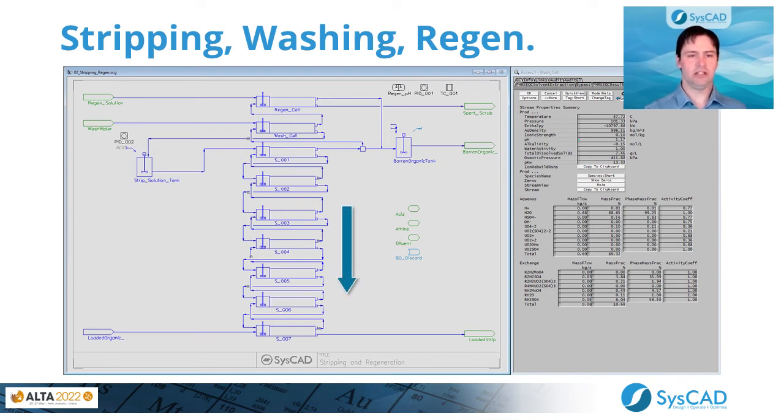It is a mixture essentially of strong acid. In this case, we're looking at strong acid stripping. Other stripping technologies include ammonia stripping, as well as other types that have been tried, such as sodium salts. Anyways, we go down, and at the end, the loaded strip comes out, and the loaded strip should contain most of the uranium.